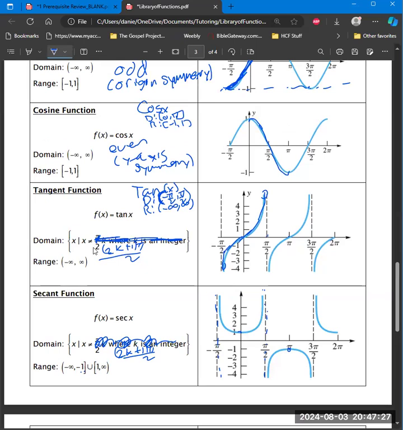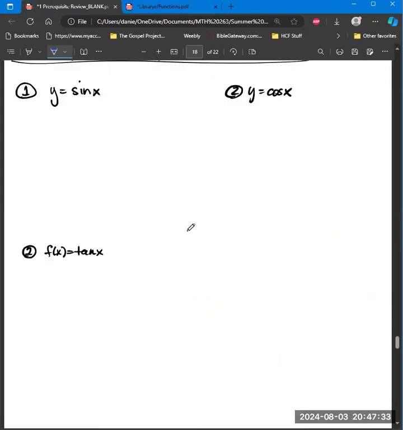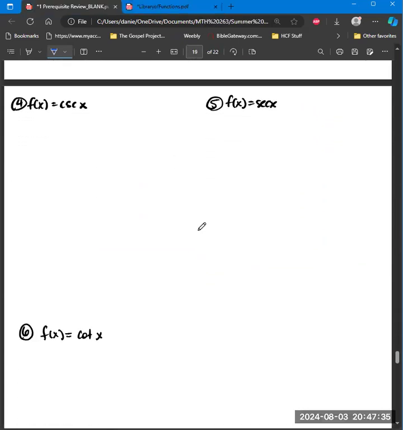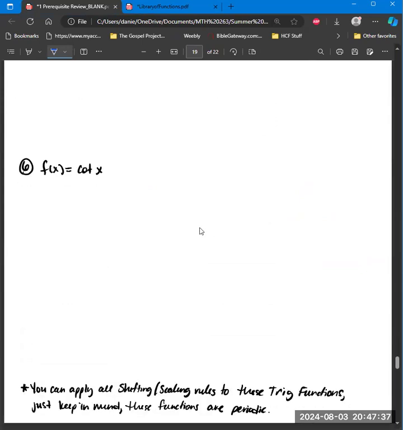But I do want to talk about what the graph of cotangent looks like. That was not there. So it looks like this. It's going to have cosine over sine, so it has asymptotes at all the multiples of pi.